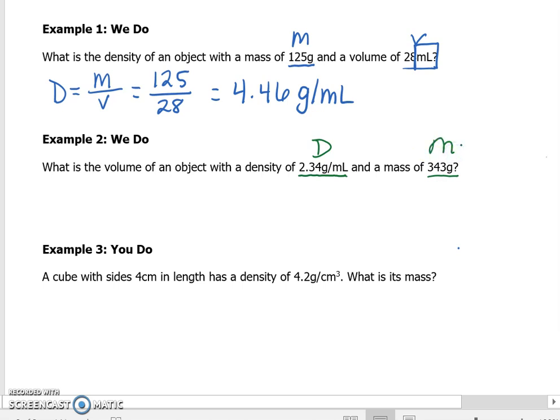So then that must mean I'm looking for volume, which makes sense from the wording of the problem, right? What is the volume? And if you remember from the front, our equation for volume is volume equals mass over density.